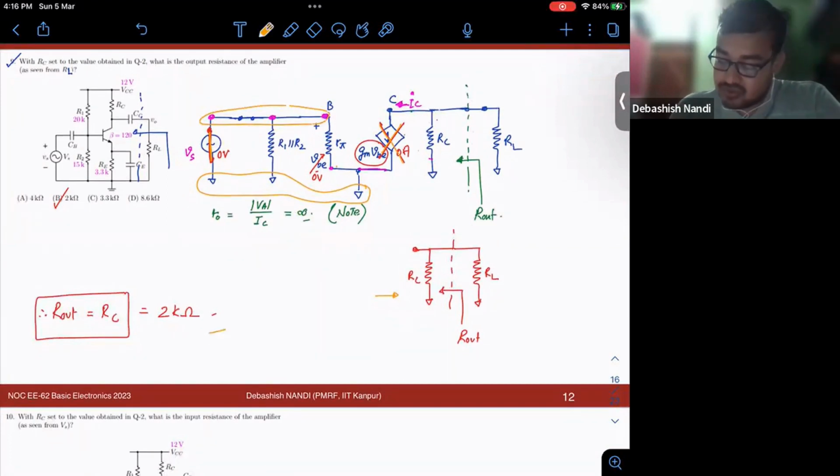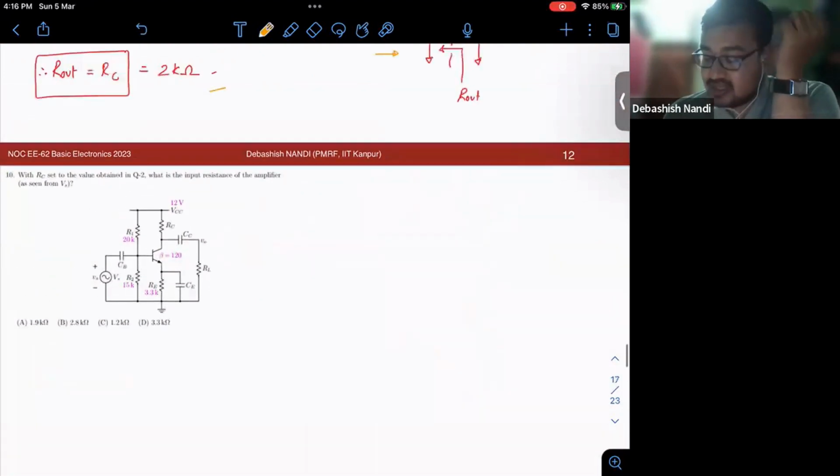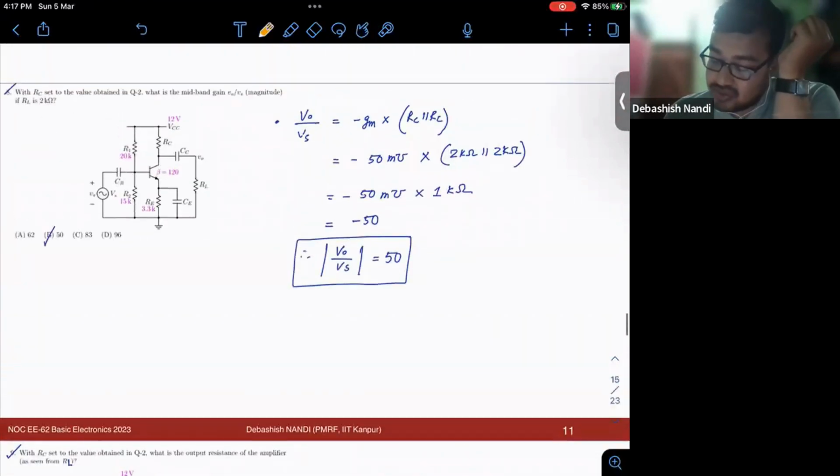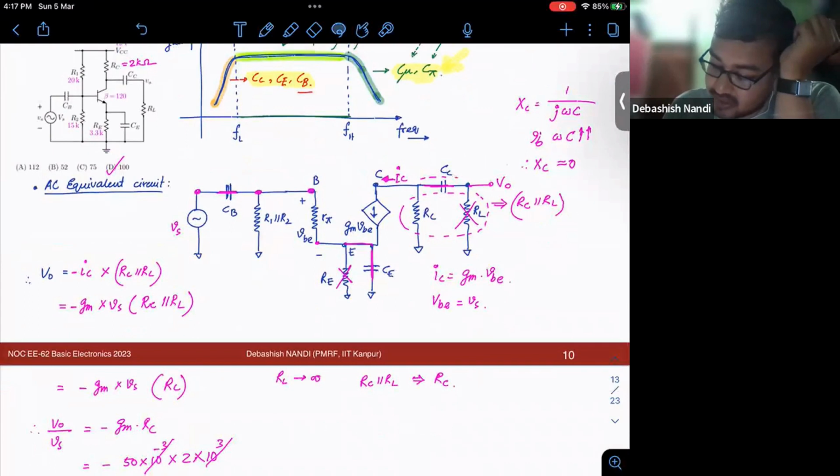So moving on to the next problem, problem number 10. With RC set to the value obtained in this, what is the input resistance of the amplifier? So how do you calculate input resistance? Again, let me copy this circuit.